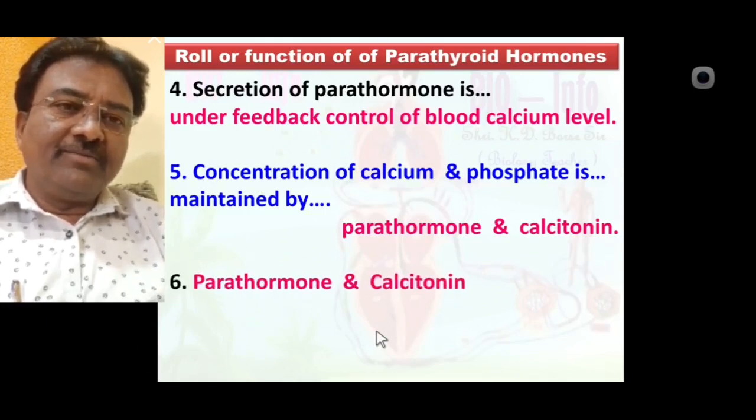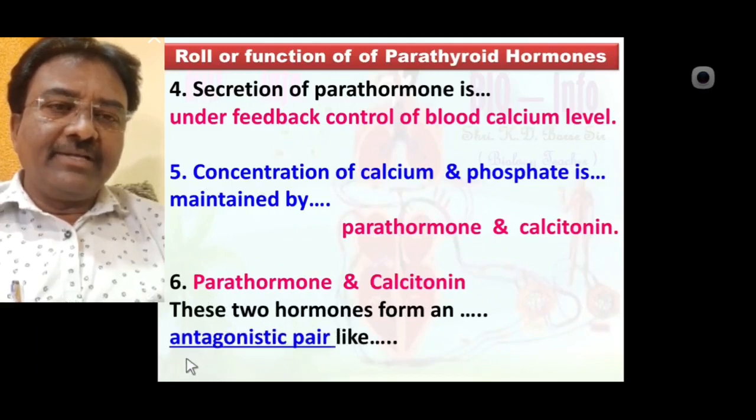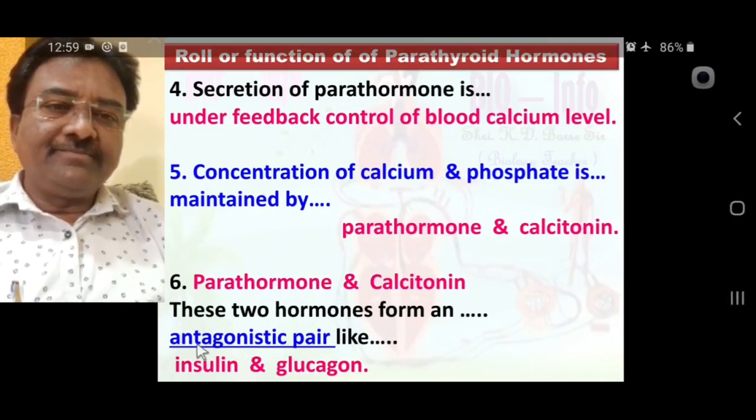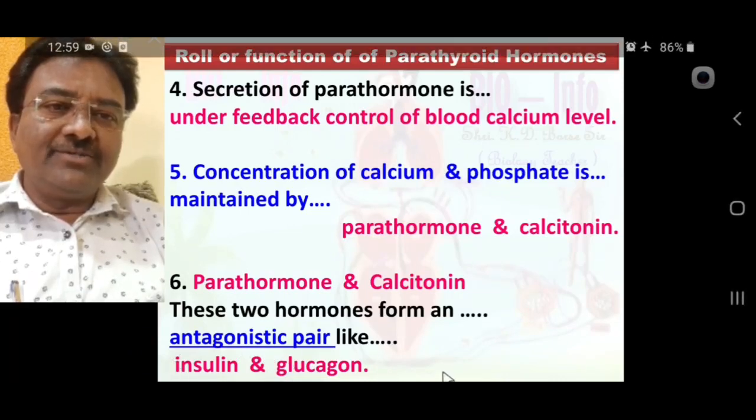So parathormone and calcitonin, these two hormones, form an antagonistic pair like insulin and glucagon, because insulin is a hormone that decreases the blood sugar level and glucagon is a hormone that increases the blood sugar level.